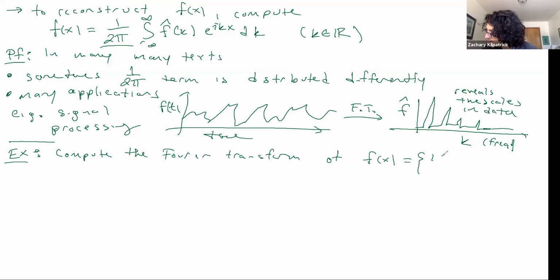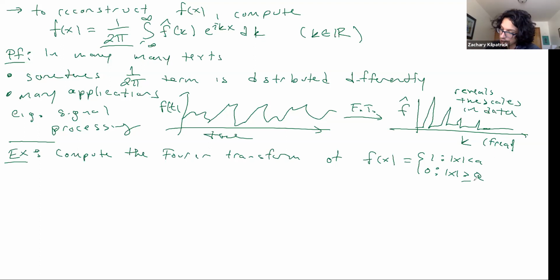This will be a function that's 1 when x is less than a, and it'll be 0 when x is greater than a. And right at the point x equals a, it doesn't matter, because there's not a unique Fourier transform depending on what the value is right at a. Just for completeness, let's say that it's 0 right at x equals a.